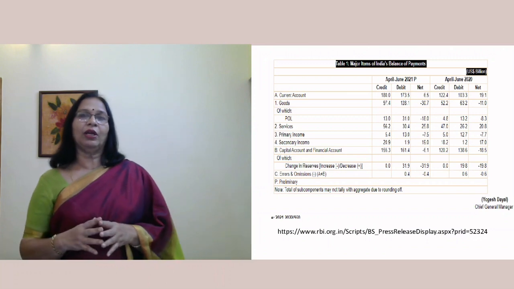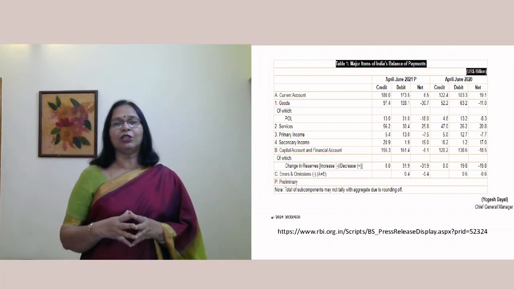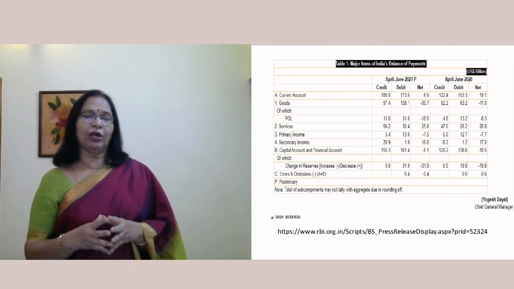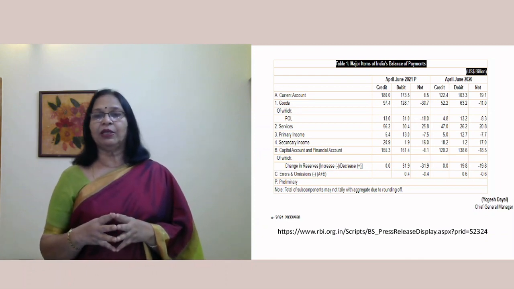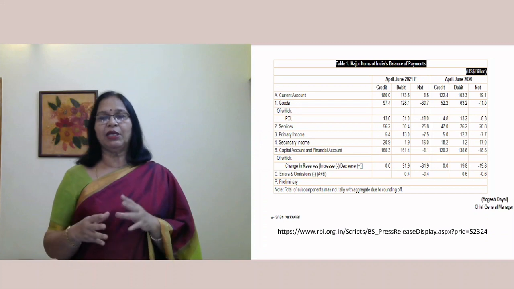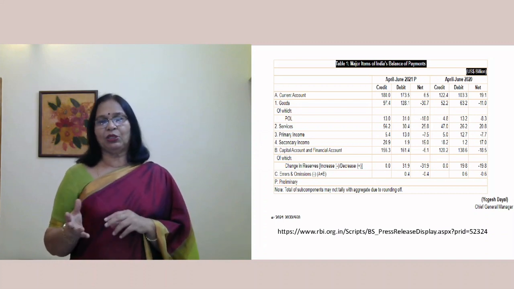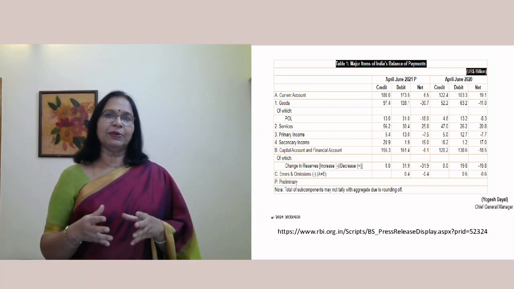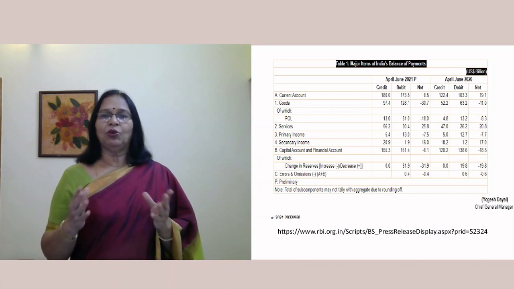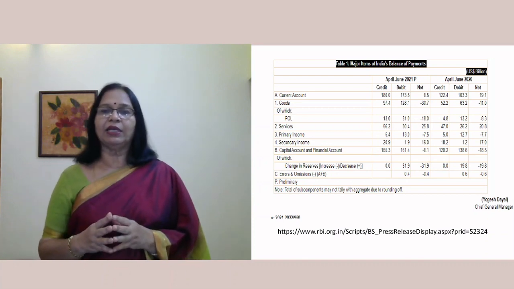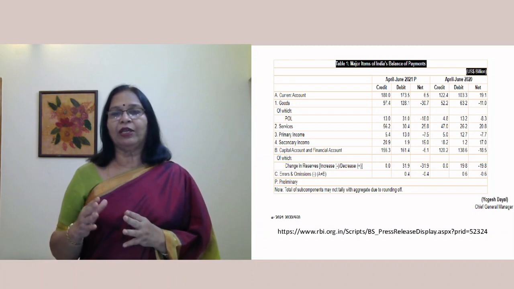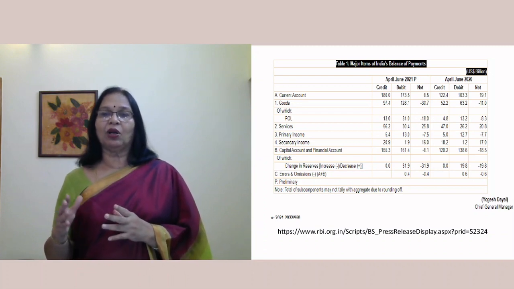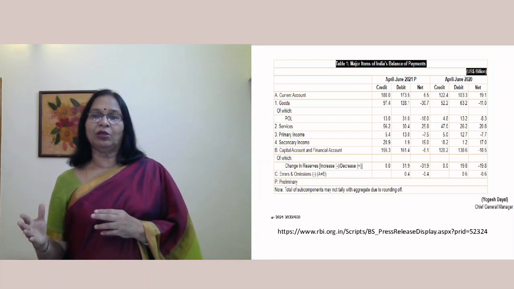Now this is for India, just to show you how the balance of payment actually looks for a country. This is the balance of payment account of India during the period April-June 2020 and April-June 2021. You can see the items, some names are different, but you can see very closely that 180 is the credit in the current account, and it was 122 in 2020.